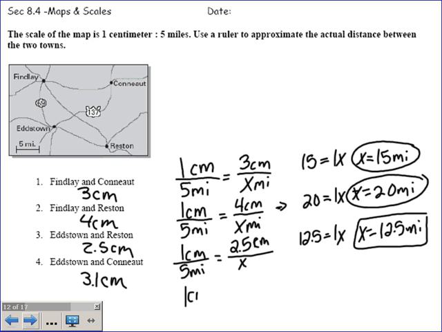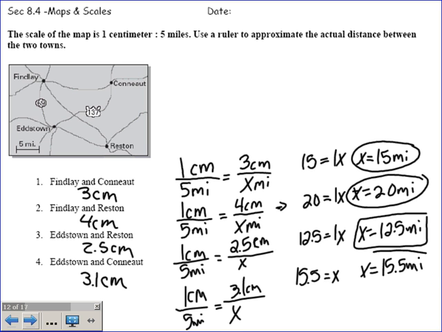Last one, 1 centimeter over 5 miles is the same thing as 3.1 centimeters over x miles. You cross multiply, that would be 15.5 equals x. So make sure that x equals 15.5 miles.